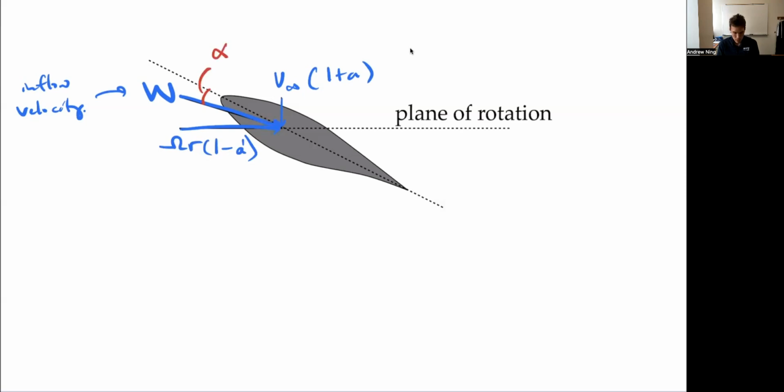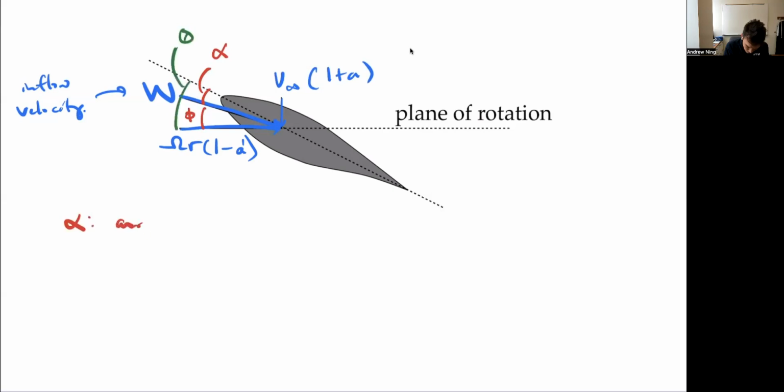And we call this angle here phi. That's the inflow angle. And then this angle here we call theta. That's just going to be my twist angle. Okay, so let me just write those down real quick.